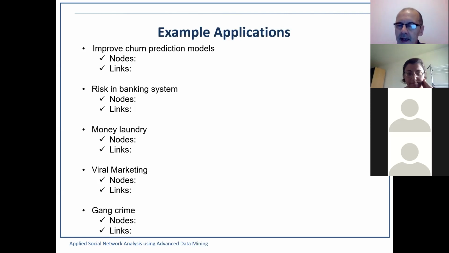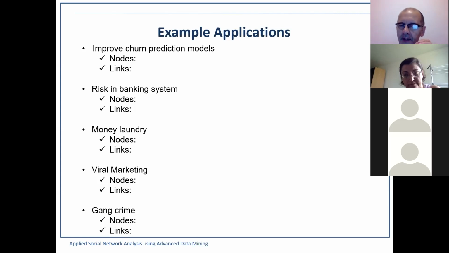In the case of a telco company, for example, we could think of churn as customers switching to competitors, so leaving the particular provider. And there are plenty of traditional data mining models for churn prediction that take into account just personal attributes of the particular customer, maybe age, income, calls, and so on.